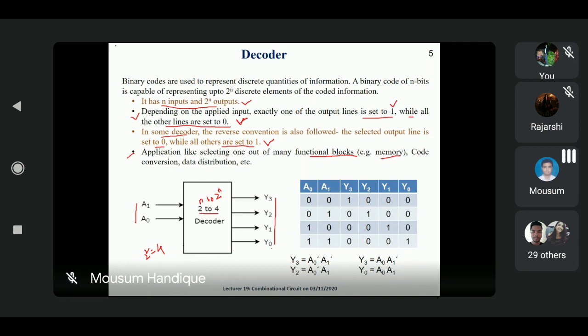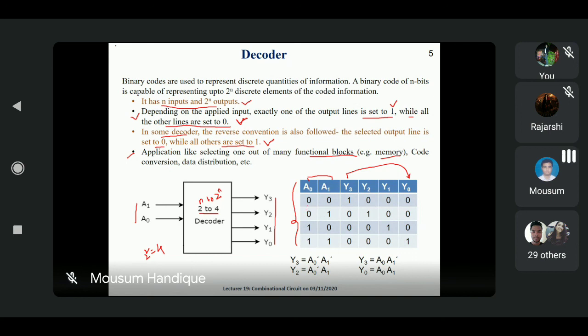Now see here, what is the behavior of this particular decoder. Here A0 and A1 are the inputs, and Y3 to Y0 are the outputs. We can read this way: Y0, Y1, Y2, Y3. Out of 4 outputs, only 1 output is active.